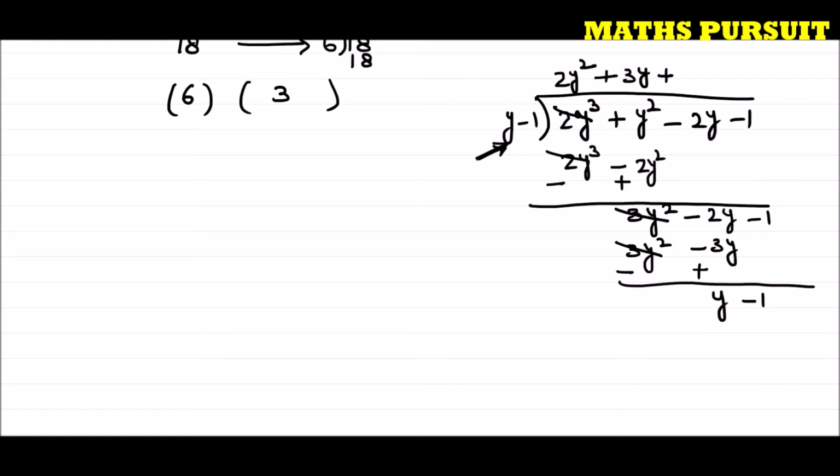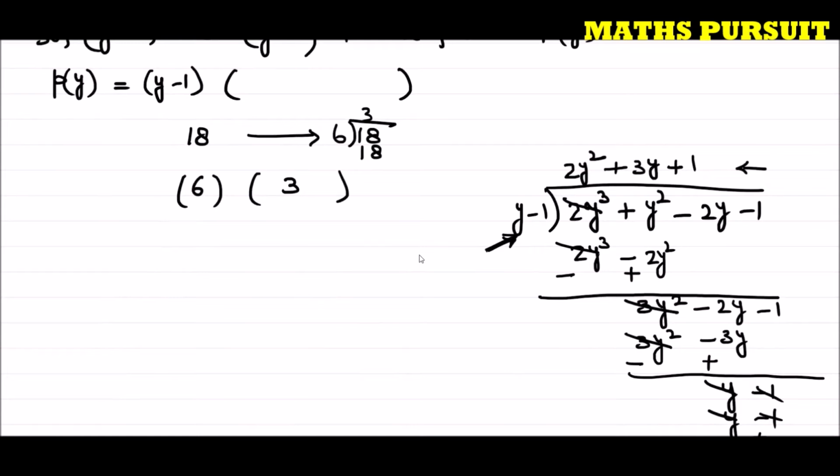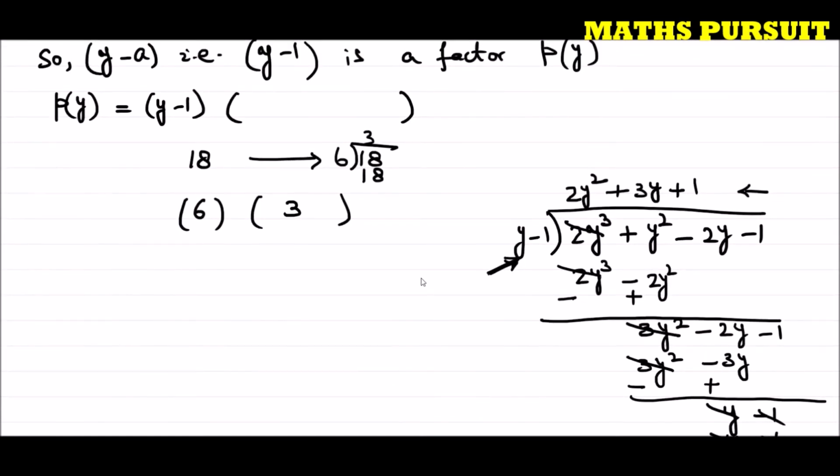Again if I multiply plus 1 to the y minus 1, we will get y minus 1. Again we subtract it, the symbols change, and plus y minus y cancels out, minus 1 plus 1 cancels out, and we are left with 0. That means you could see that we got 2y to the power 2 plus 3y plus 1. So as I told you, we can easily fill this blank with 2y to the power 2 plus 3y plus 1.